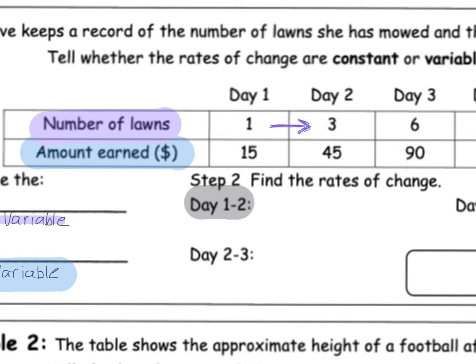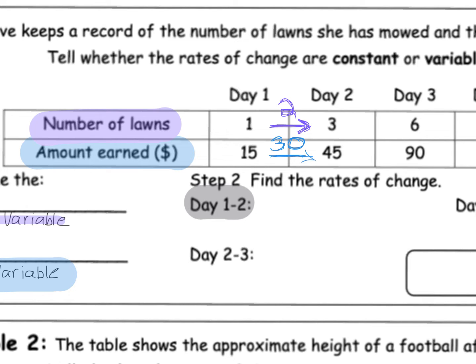So how much did her number of lawns change from day 1 to day 2? Well, it increased by 2, so that is a change of 2. And then if I look at how her amount of money changed from day 1 to day 2, you can measure that in the table right here. It increased by 30, so that is a positive 30.